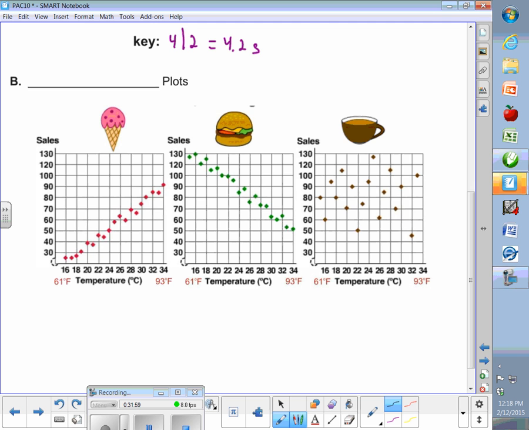If you think of this one, you get a little bit better idea, because you would say the points are what? I heard it. Scattered. This is a scatter plot. These are scatter plots.